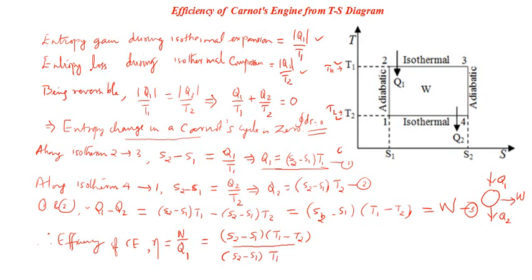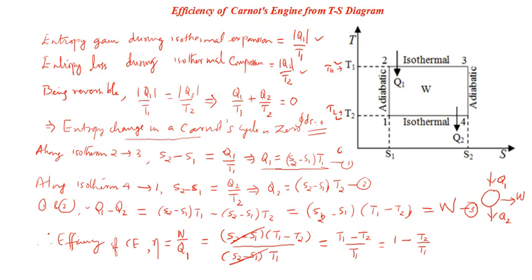So S2 minus S1 gets mutually cancelled, and what remains is (T1 minus T2) by T1, which is nothing but 1 minus T2 upon T1.